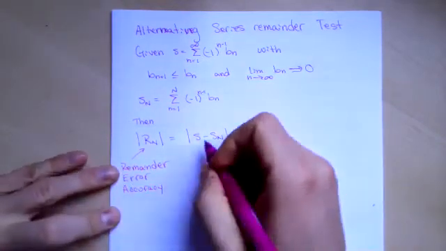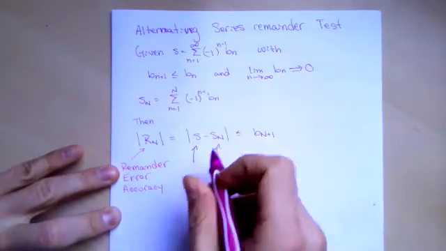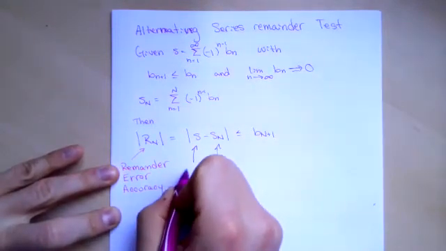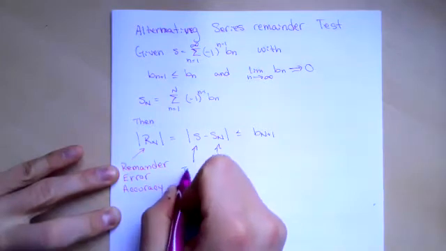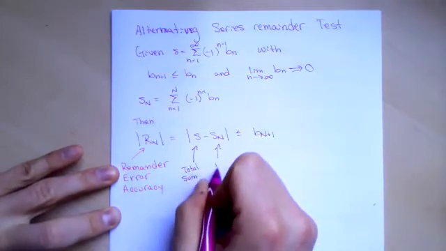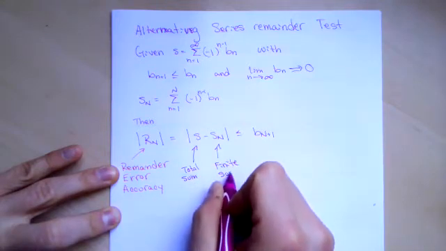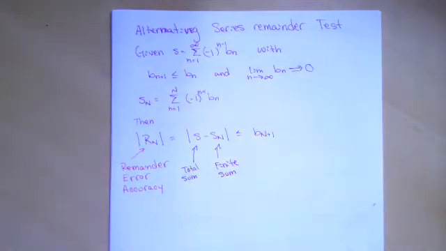And so what do we mean by that? It is the difference between the total sum and a finite sum. Total sum meaning adding up all infinite values.